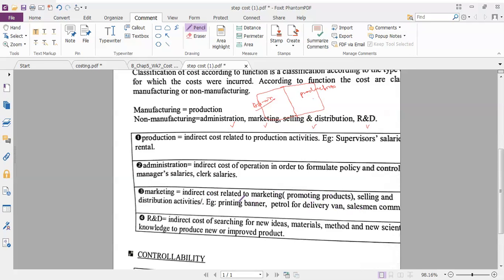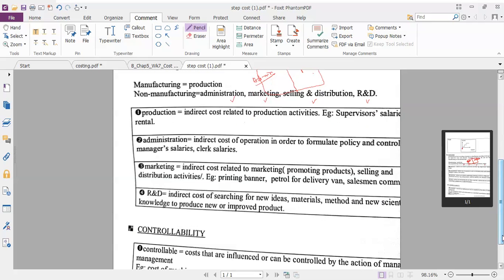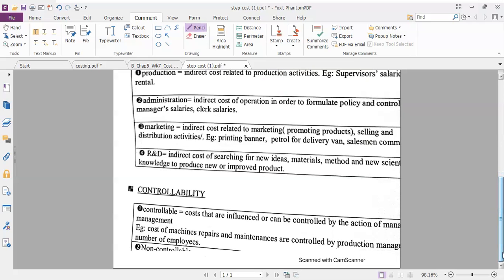That is for marketing. Function marketing, for example salesman commission. Then research and development: indirect costs of searching for new ideas, materials, method and new scientific knowledge to produce new or improved product. That is based on the function.